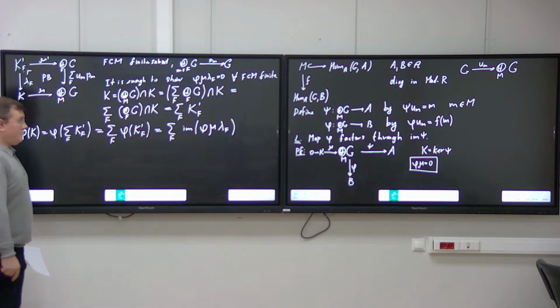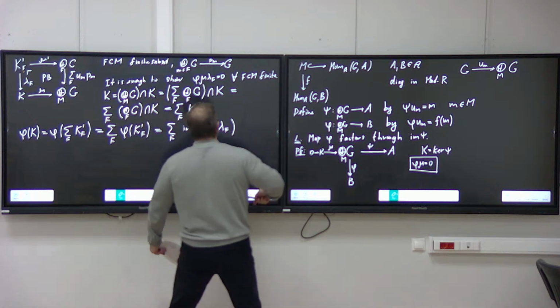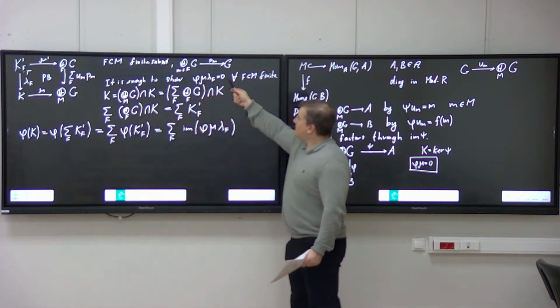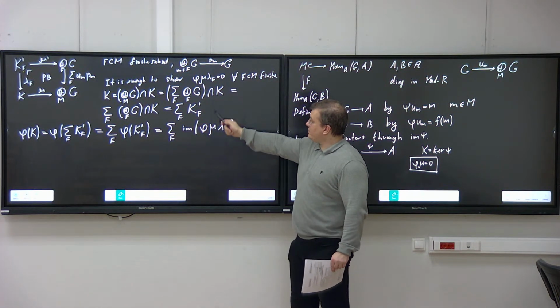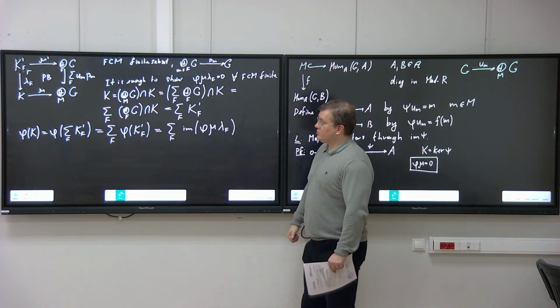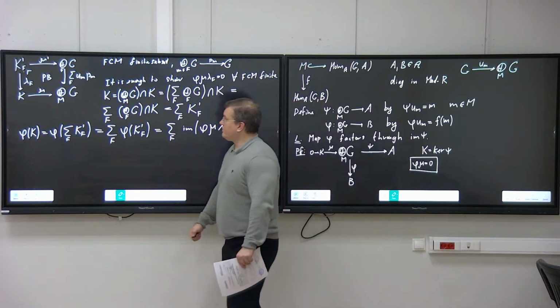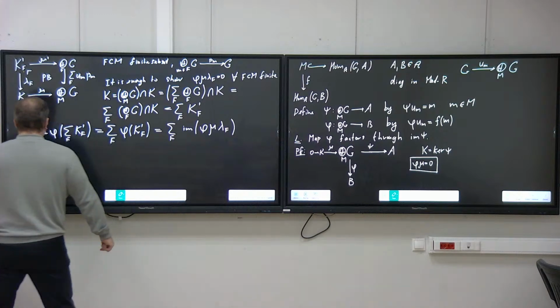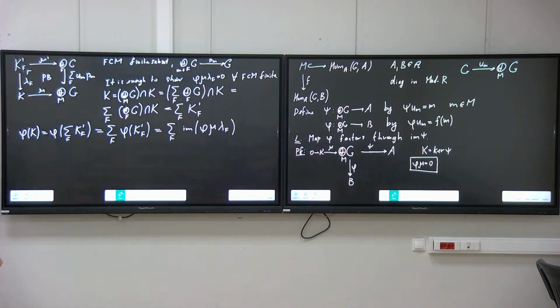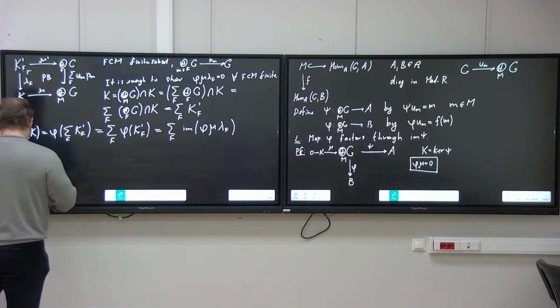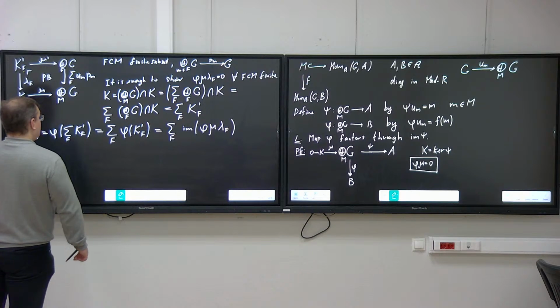So, with this computation, the conclusion is that it is enough to show that these are all zero, right? If these are zero, then the sum is zero, so the phi of K is just zero. So that's the first reduction. And the second reduction, I'm now using the G as a generator.